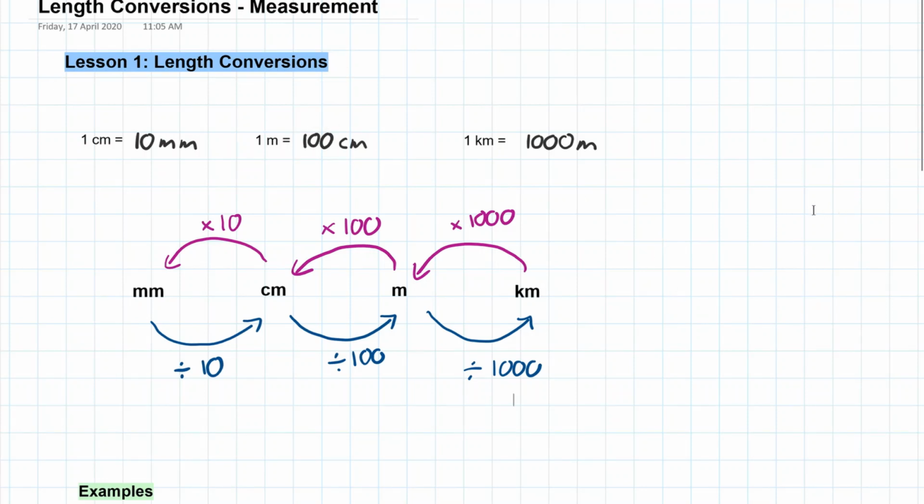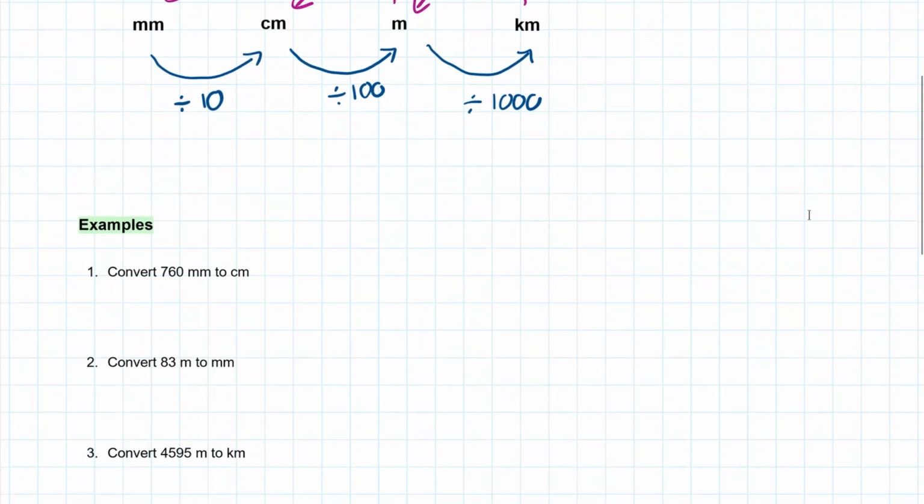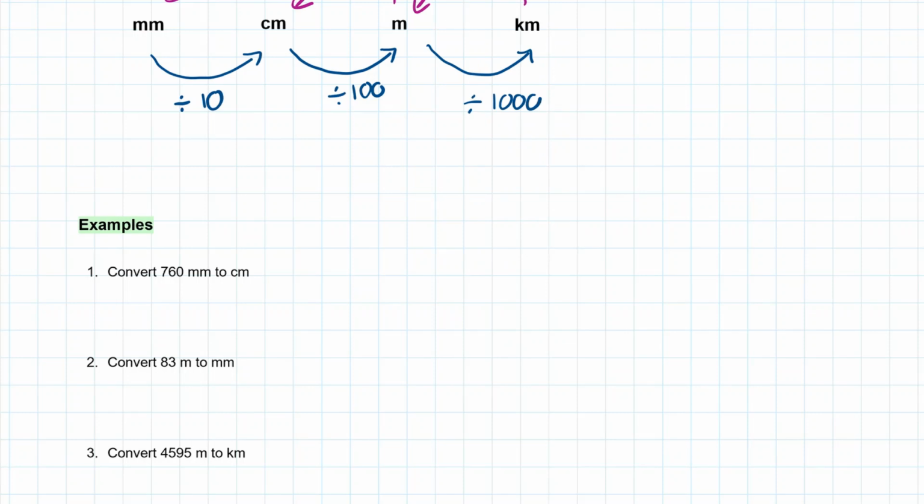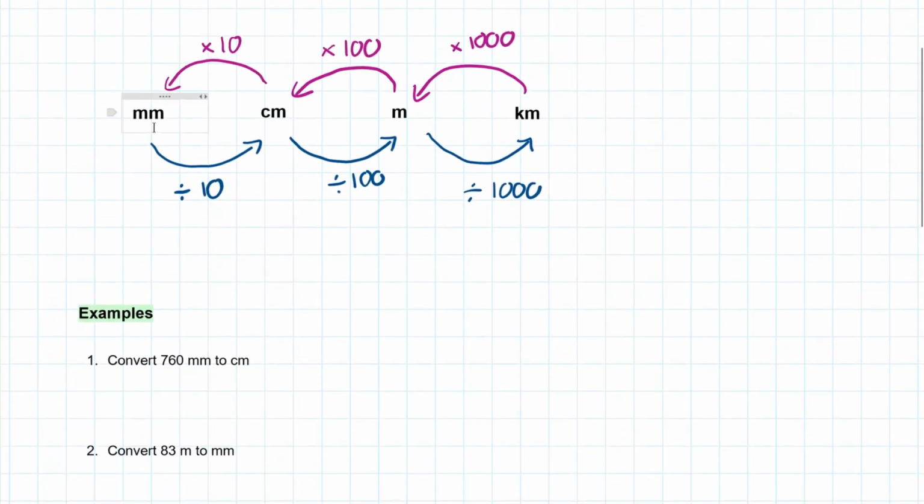For some examples, first one we've got, let's get a red pen. We're going to convert 760 millimeters to centimeters. Let's have a look at our chart. From millimeters to centimeters, we need to divide by 10.